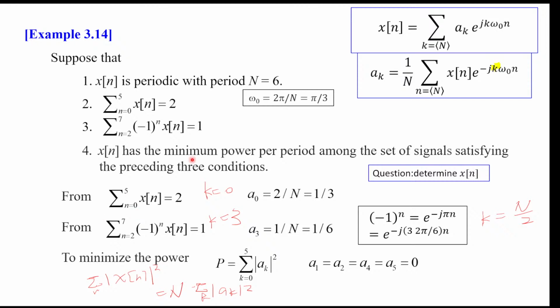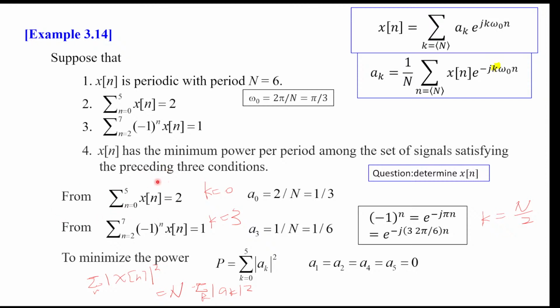It's the DC component. This is the sum of your signal over one period. I guess it's not quite the average because for the average you need to divide by 6, but this corresponds to the average of your signal.